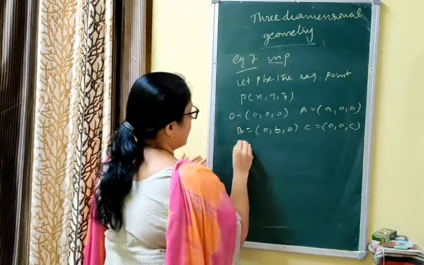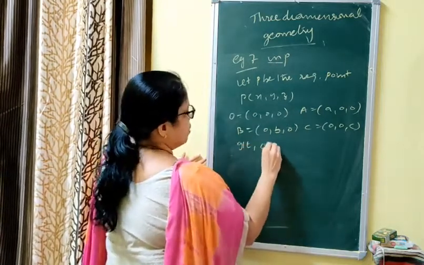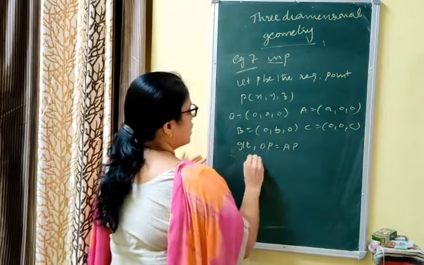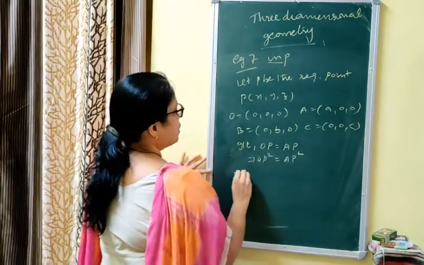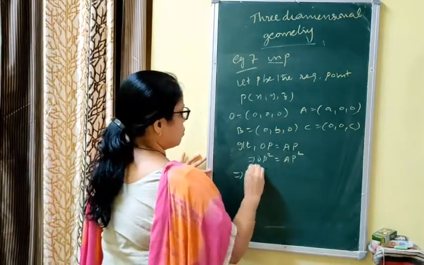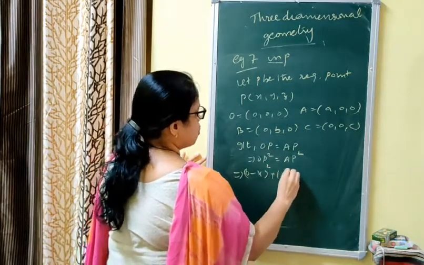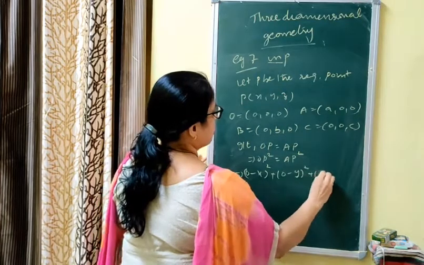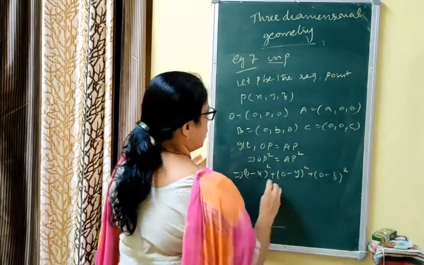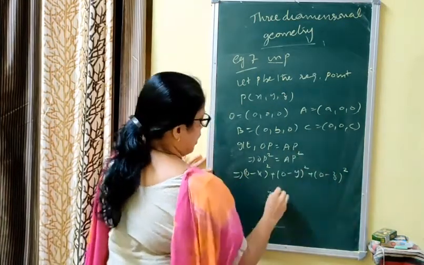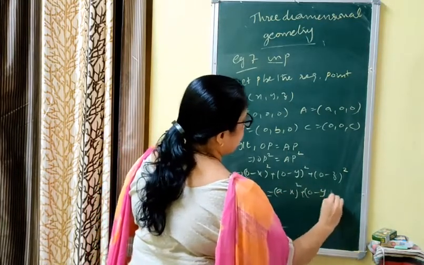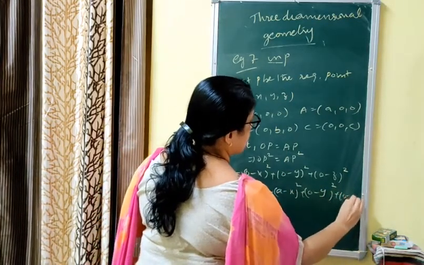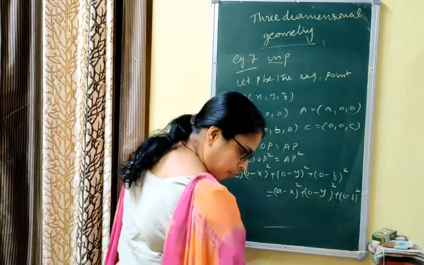Given that OP is equal to AP, that implies OP square is equal to AP square. OP square is (0 minus x) whole square plus (0 minus y) whole square plus (0 minus z) whole square. AP square is (a minus x) whole square plus (0 minus y) whole square plus (0 minus z) whole square.